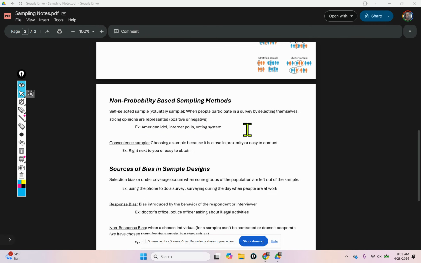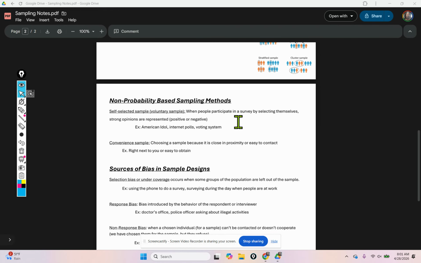A non-probability sampling is basically a self-selected sample. So basically, if you're going to vote in the presidential election, or if you're going to enter yourself in American Idol, or if you do internet polls, or if you just randomly say, oh, I just want to be in this. That's a voluntary sample.